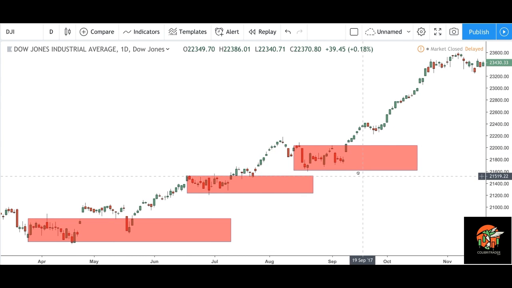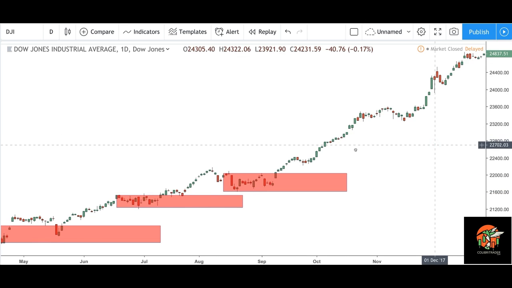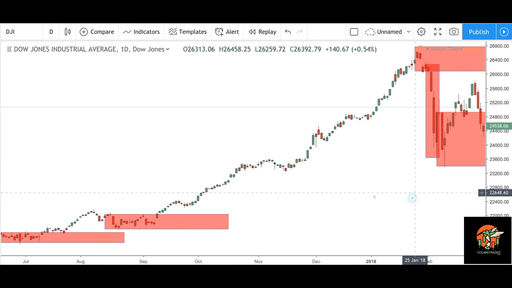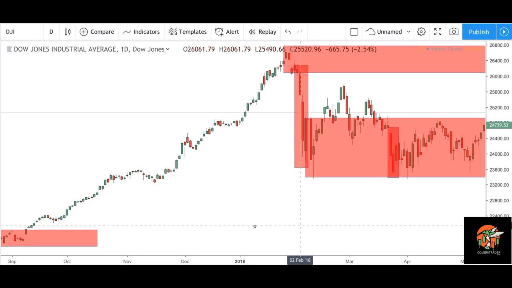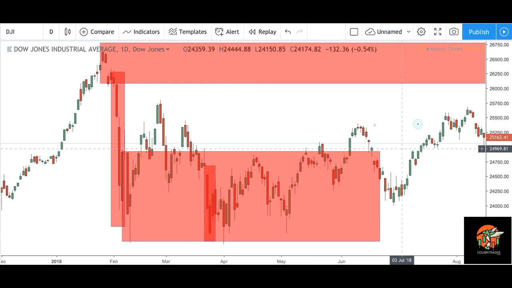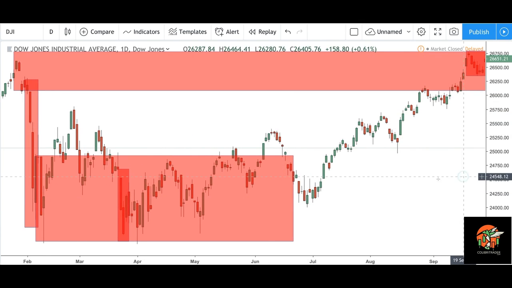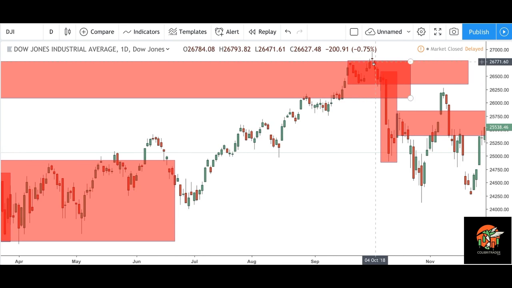And in uptrends, it's very characteristic to have those areas, also known as range trading areas, where a base is forming, and then you're seeing a breakout to the upside. You can see this uptrend continued all the way up to the beginning of 2018, where you started having a bit more consolidation, and the price was looking for another possible breakout or a reversal pattern, which actually happened here in the end of 2018.